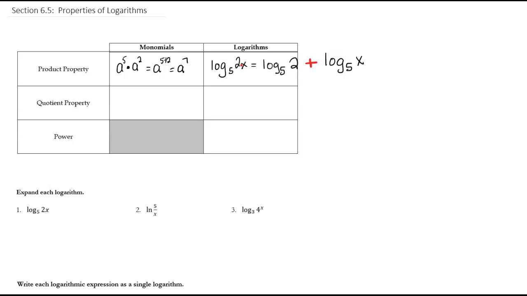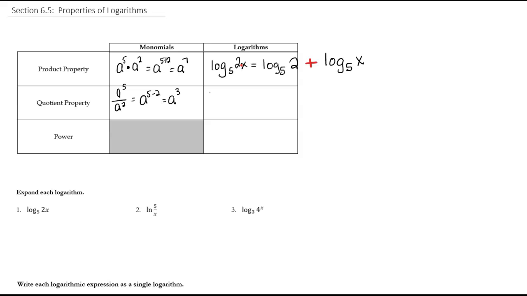Okay. The quotient property is if we had a to the fifth divided by a squared. I have 5 on top, 2 on the bottom. So I would do 5 minus 2, which is a to the third. So for quotient, when you're seeing dividing, you're going to subtract.